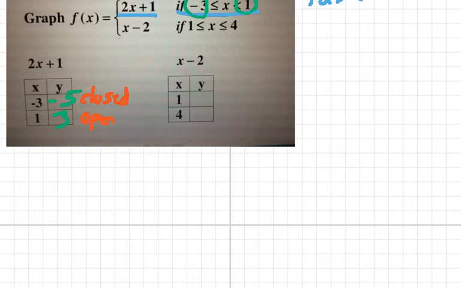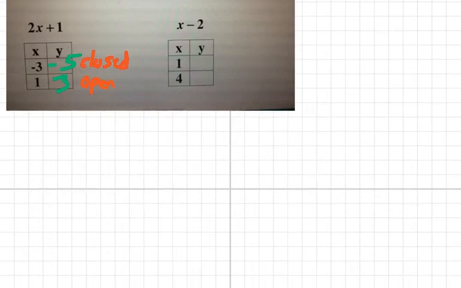So negative 3, negative 5, that means I go left 3, down 5, and that is a closed dot right there. 1, 3, go right 1, up 3, and we have an open dot. And I know this is a linear function. It's in slope-intercept form. So I'm just going to connect that with a straight line.